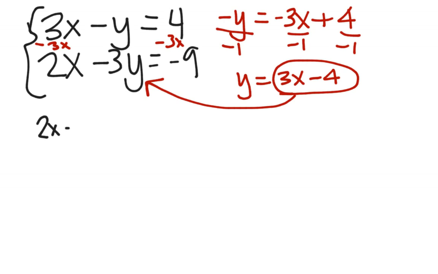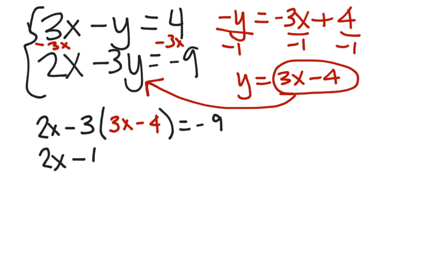So we keep our 2x, and it says minus 3y, which means we have negative 3 times whatever y is. Since y is now represented by a quantity, we're going to use parentheses and write negative 3 times the quantity 3x minus 4. That's equal to negative 9. Now I have it in one variable, and I'd like to solve for x, so we're going to distribute the negative 3.